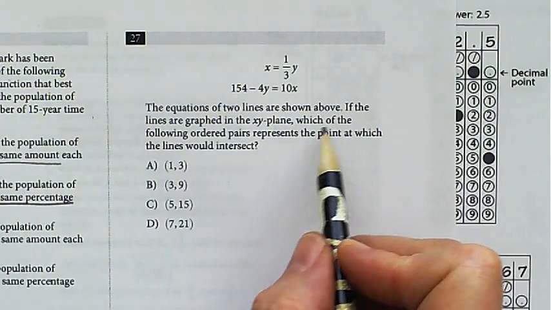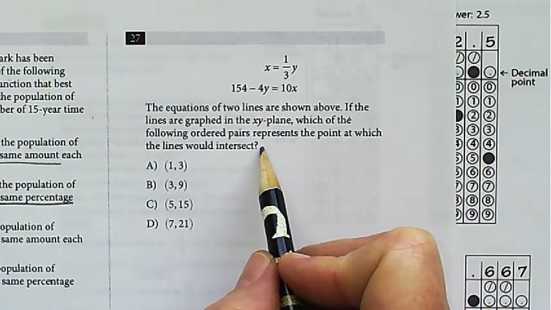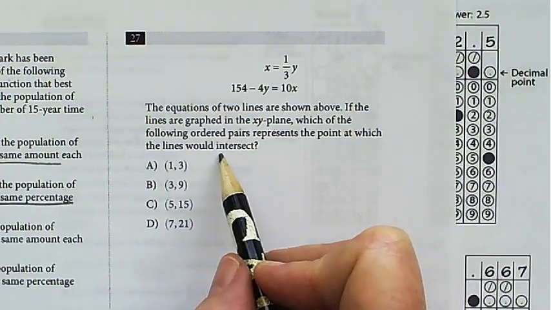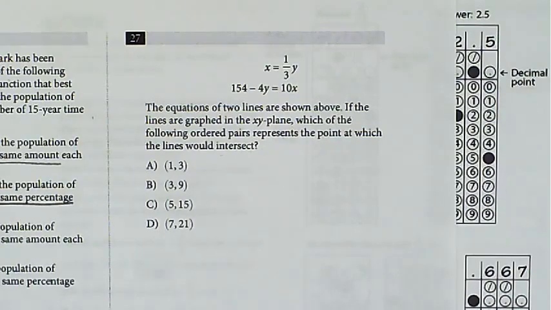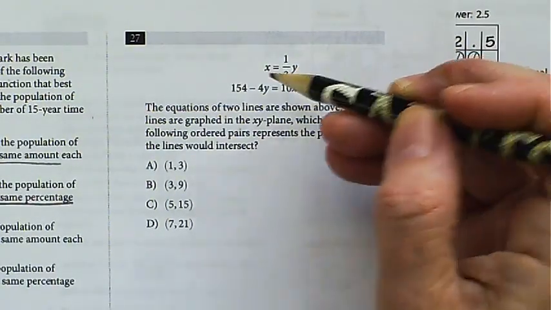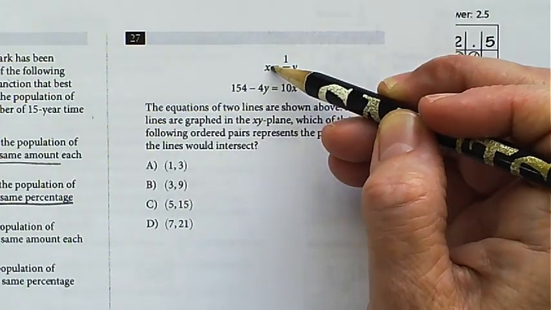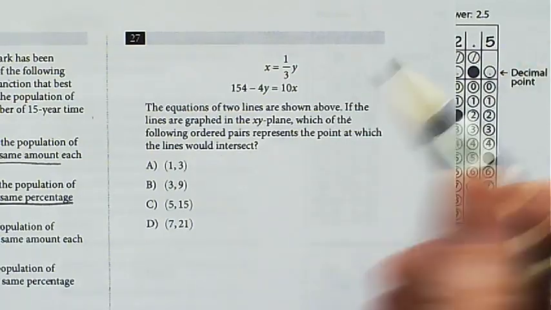27. The equations of two lines are shown above. If the lines are graphed in the xy plane, which of the following ordered pairs represents the point at which the lines would intersect? So you're looking for a solution to a system of equations. When we solve systems of equations, if we had a variable by itself, substitution was usually the method we chose.